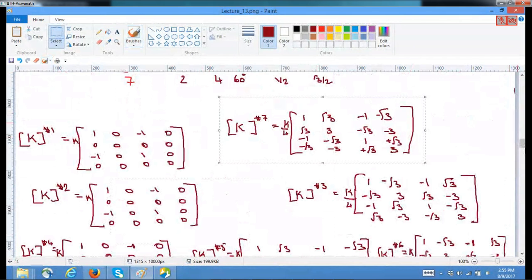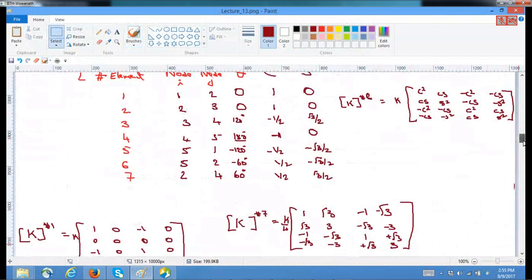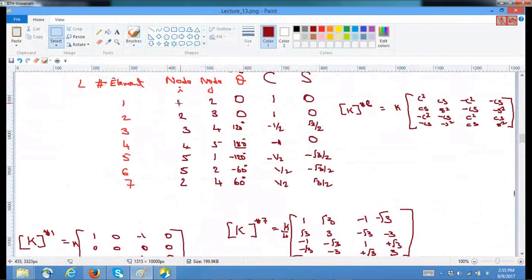But let us have a view of what each degree of freedom represents. So for the element stiffness matrix, the I and J correspond to the degrees of freedom. Let me go back and write my degrees of freedom.